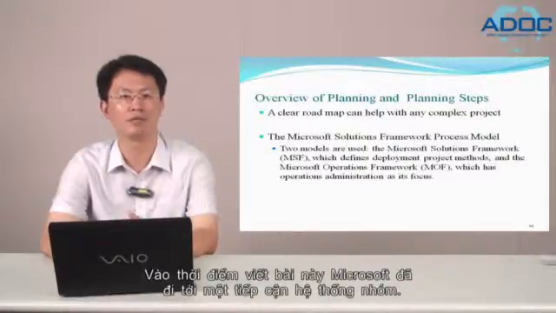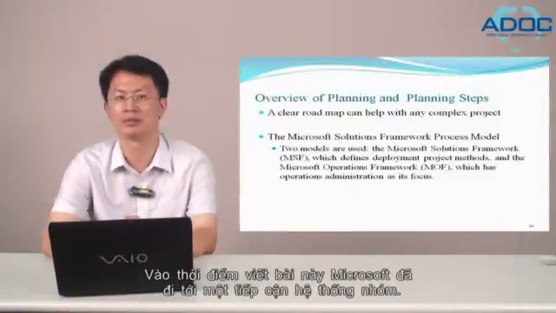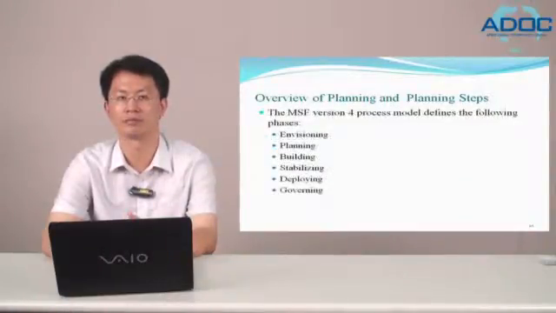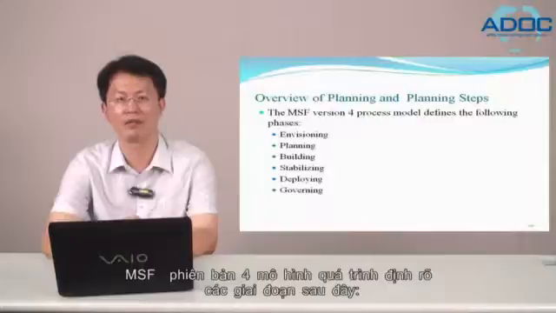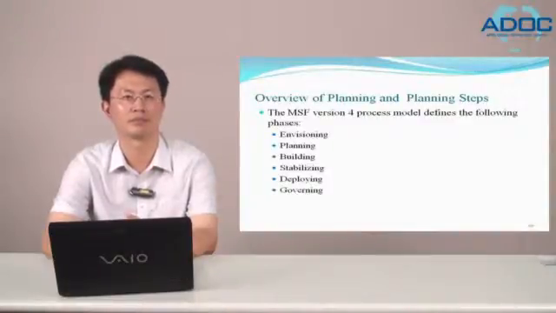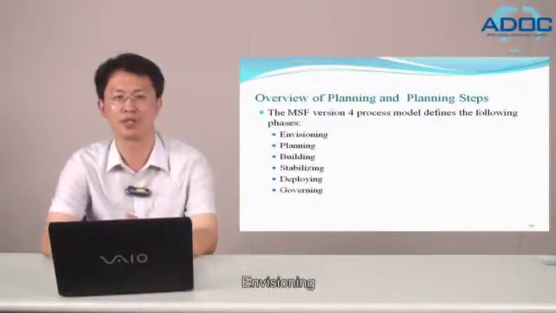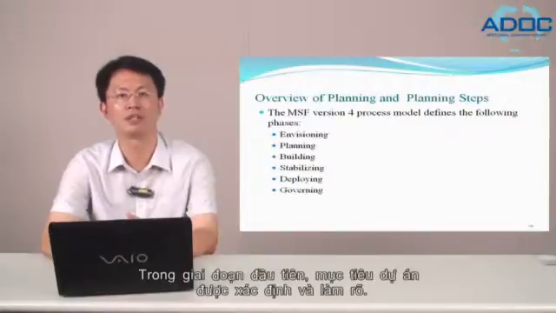At the time of this writing, Microsoft has gone to a team system approach. The MSF version 4 process model defines the following phases. Envisioning. During the first phase, project goals are defined and clarified.